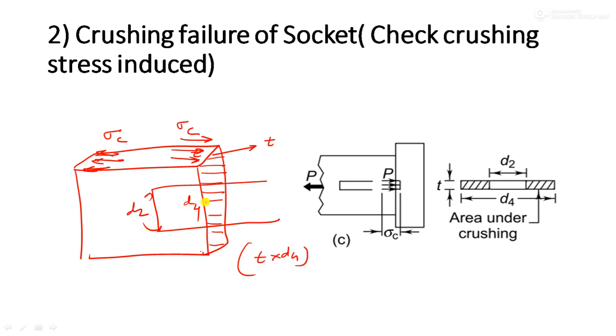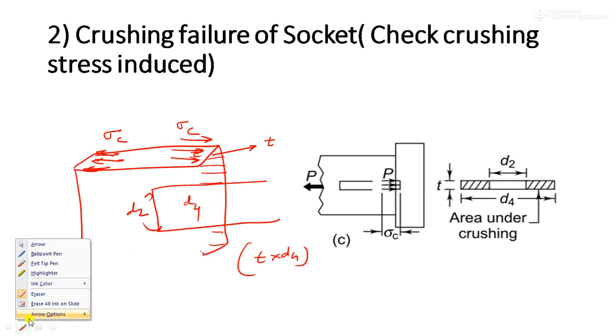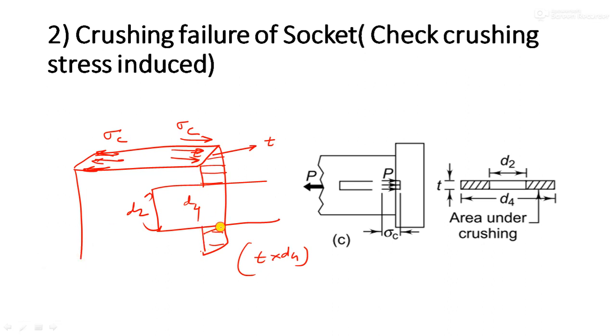So obviously we will not have this portion. We'll have only this much area, right? So this much will be the area where the crushing stress is acting. This area and this area.